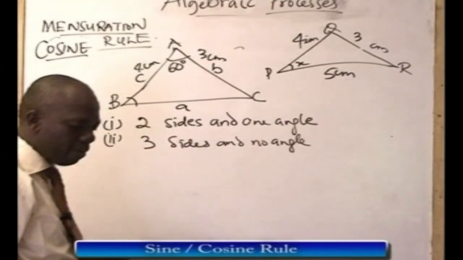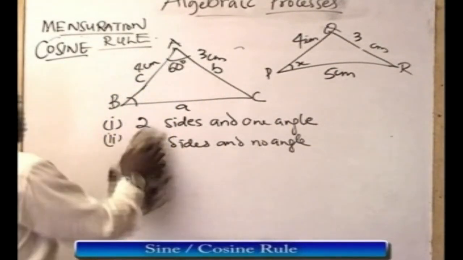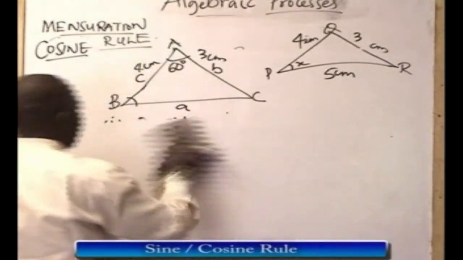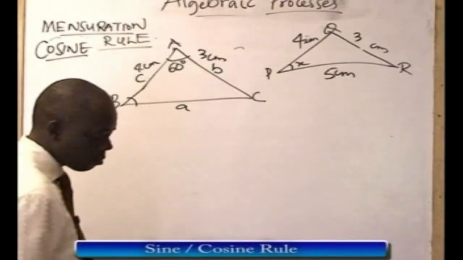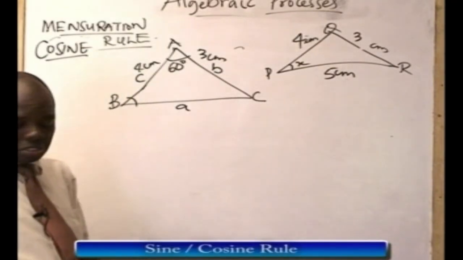All right, let me now write the cosine rule on the board. It's something that we can memorize, just like the sine rule. It's not difficult.